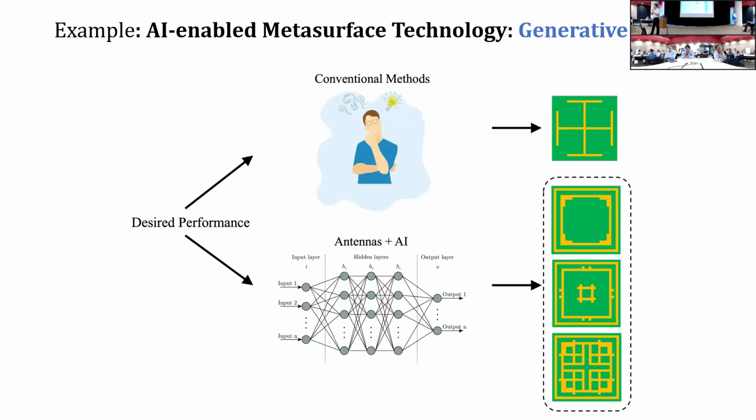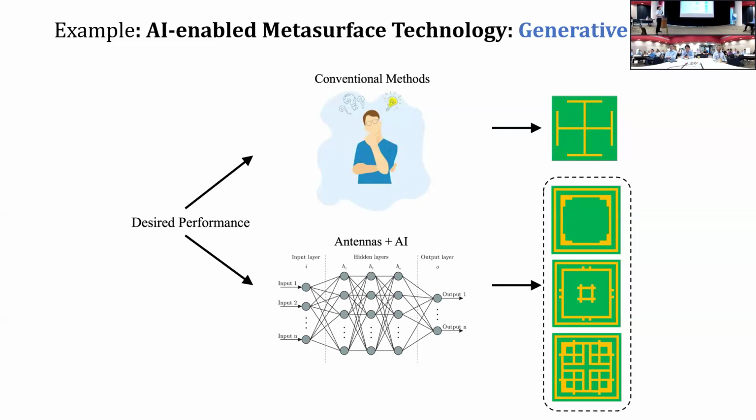As a university, we focus on the first and the third. The first is modeling, how to model very complicated and large-scale problems. The third is generative design. We are not so interested in optimization.